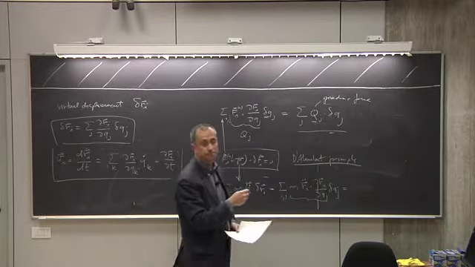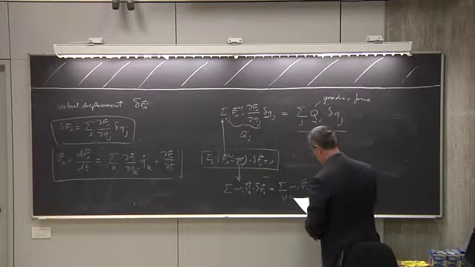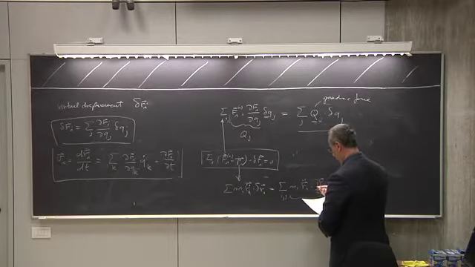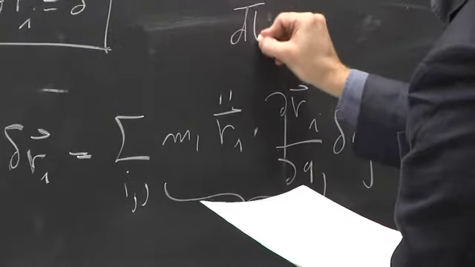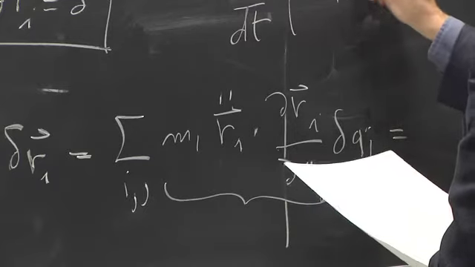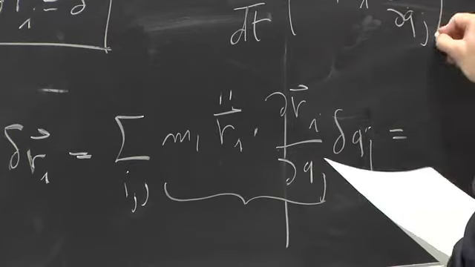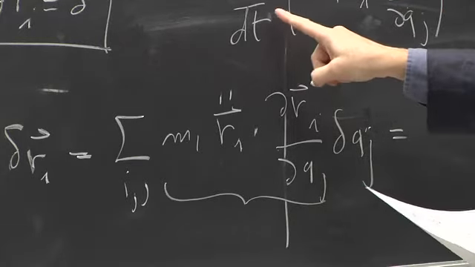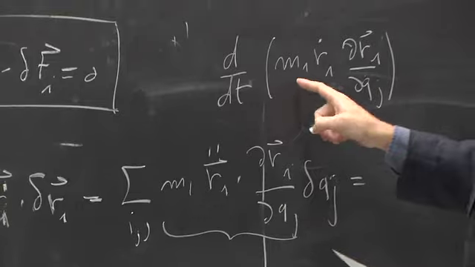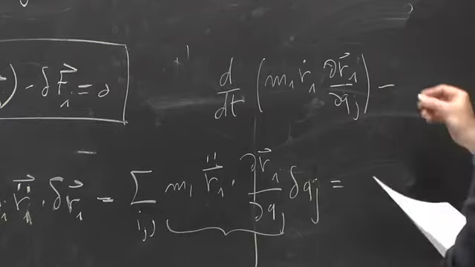Let's pull out one derivative, right? So dt of mi ri dot times the partial derivative of ri with respect to qj, right? So this goes through, it hits this, and it gives me this, right? But this is not equal to this, because then this hits that. So I have to subtract a part that is what?